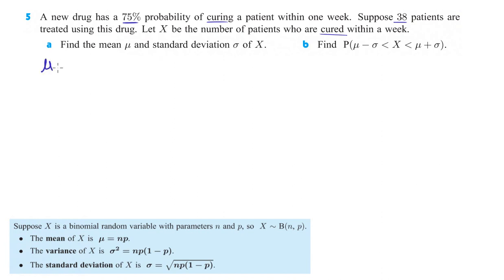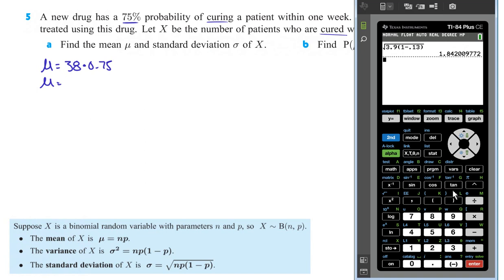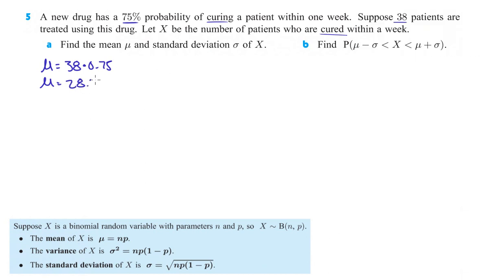So our mean is going to be our number of trials times the probability. So there's 38 times 0.75 chances of success, right? So our mean in this case is going to be 38 times 0.75, which gives us 28.5. That's our mean.